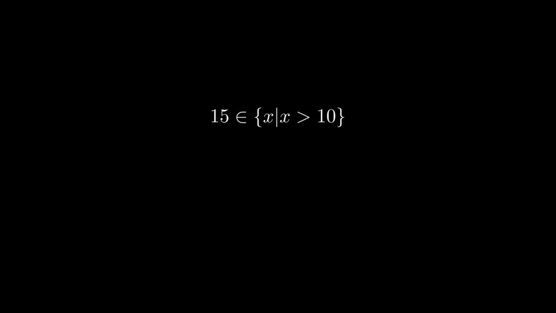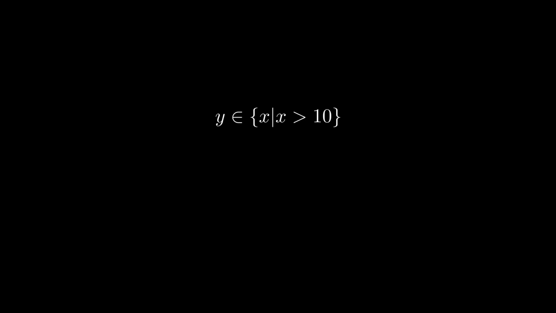We can then generalize this by using a variable like y. We are now asking if an arbitrary number y is a member of the set of numbers greater than 10. Notice how x is just a sort of placeholder for y. We are given some y, and just like algebraic substitution, we use y as the variable in the elementhood test or the criteria.